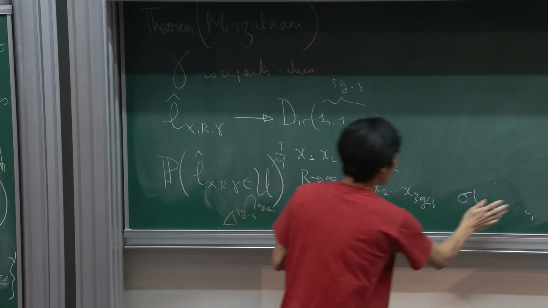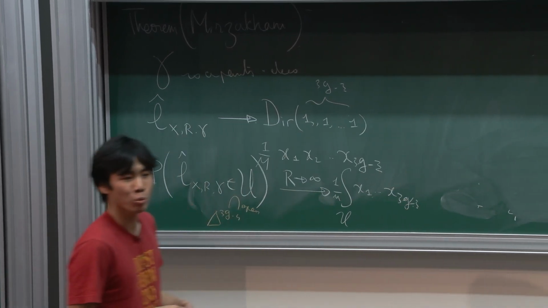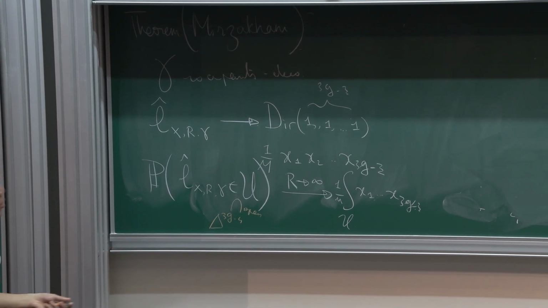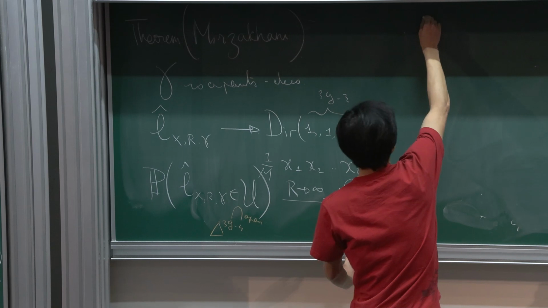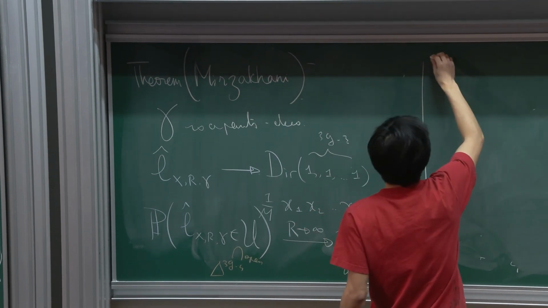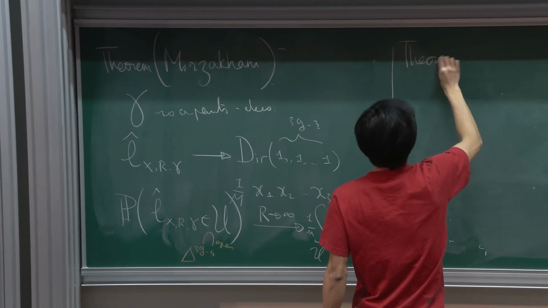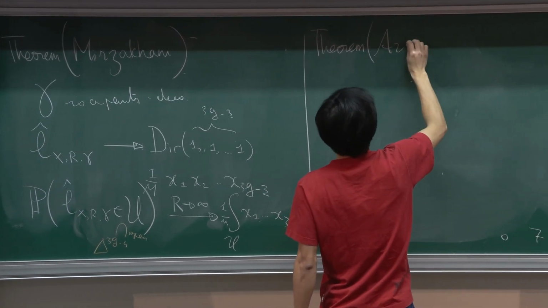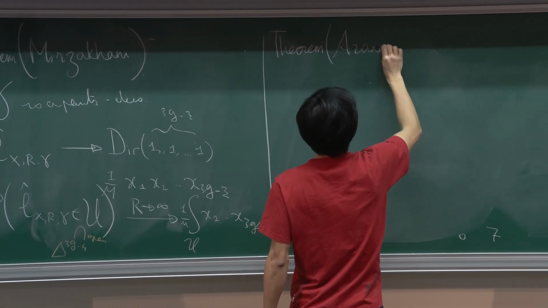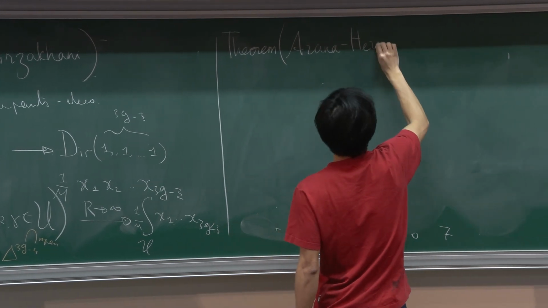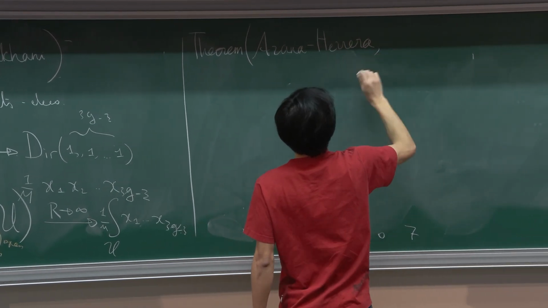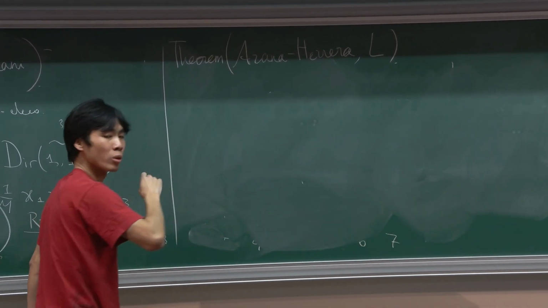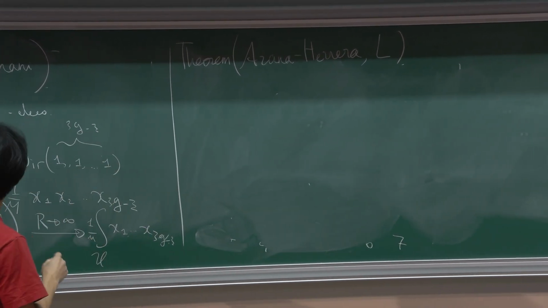So in the case of a pants decomposition, we know what happens. The natural question now is, what happens in general? This result was generalized by Arana-Herrera and myself, independently, to an arbitrary multi-geodesic.